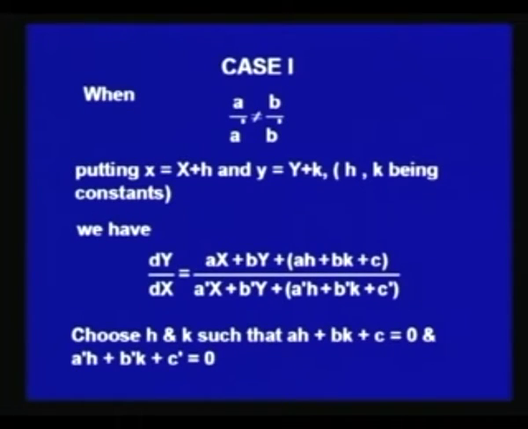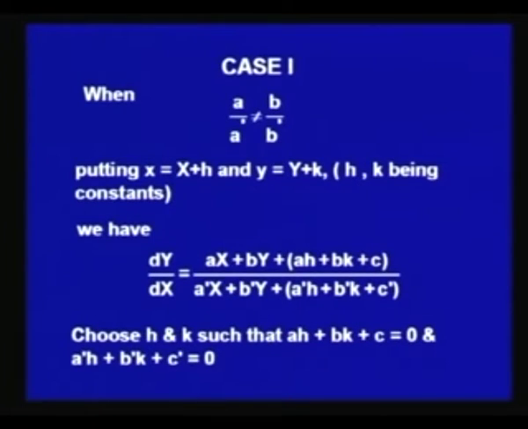So, then we will put x equal to capital X plus h and y equal to capital Y plus k, where h and k are some constants, and this substitution will give us dY by dX equal to aX plus bY plus ah plus bk plus c over a dash X plus b dash Y plus a dash h plus b dash k plus c dash.